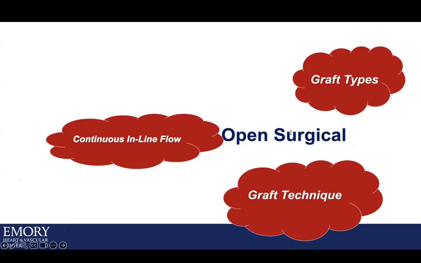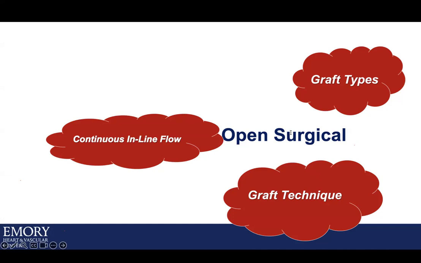Also, you have to think about the techniques of bypass grafting. There's what we call in situ, reversed, and non-reversed. These are techniques on how they harvest the venous graft. In the in situ, they just mobilize the end of the anastomosis while leaving the rest of the vein intact in the vascular bed.